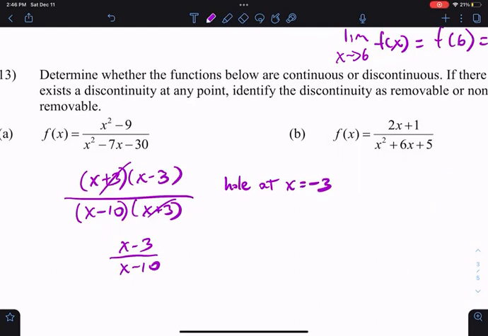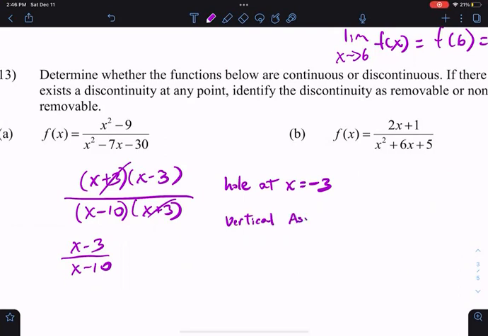And what else? I need to check what is the horizontal asymptote, right? The horizontal and the vertical asymptote as well. So for the vertical asymptote, it should be 10, right? So at x equals 10, we have a vertical asymptote.